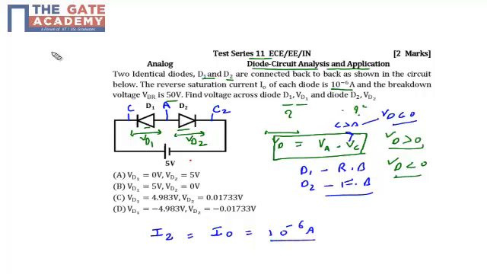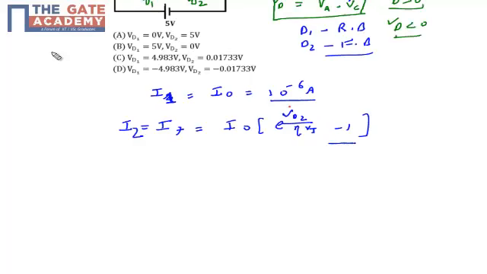And D2 is forward biased, and the current across a forward biased diode has the expression I0 times e raised to power VD2 by eta Vt minus 1. I can name this current I2. Here VD2 is the voltage drop across the diode, eta is a material constant, Vt is the thermal voltage at room temperature, and I0 is the reverse saturation current.